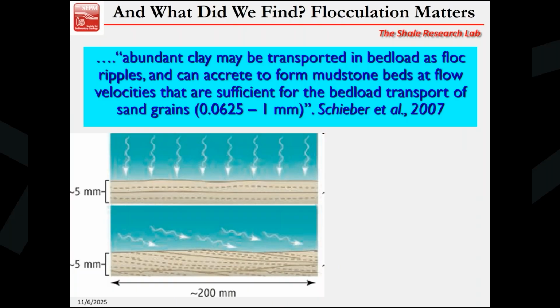And the flow velocities for that are comparable to what you need for bedload transport of sand grains. So you could run this experiment with sand grains, and it would make ripples and form beds. You can make this experiment with mud, you get ripples, you get beds. Just one of them with much more water. And so when it compacts, of course, you barely see it.